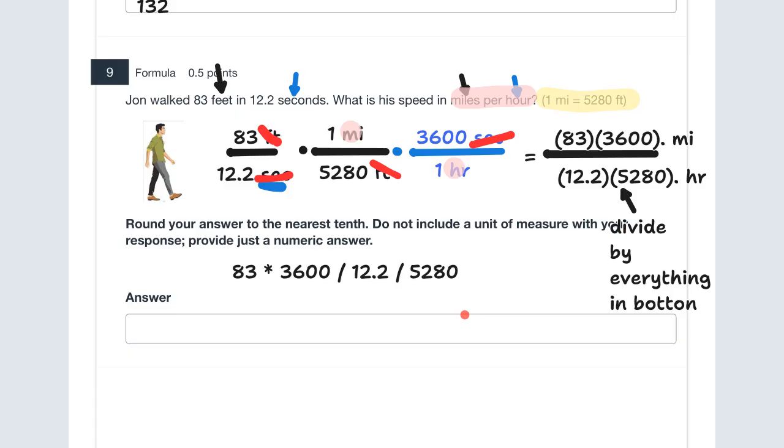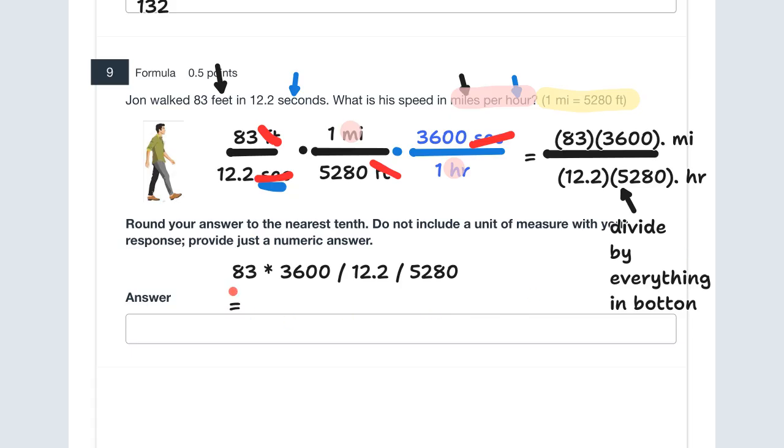So grab the calculator. 83 times 3600 divided by 12.2 and also divided by 5280. That is 4.6385.